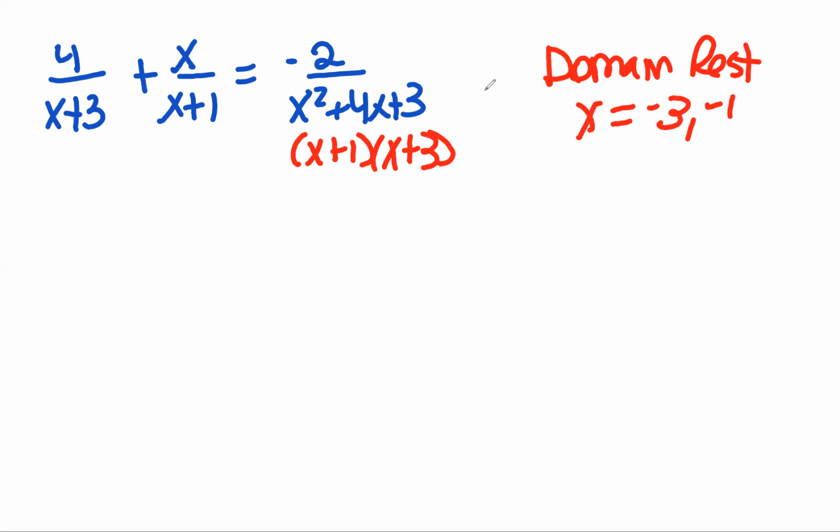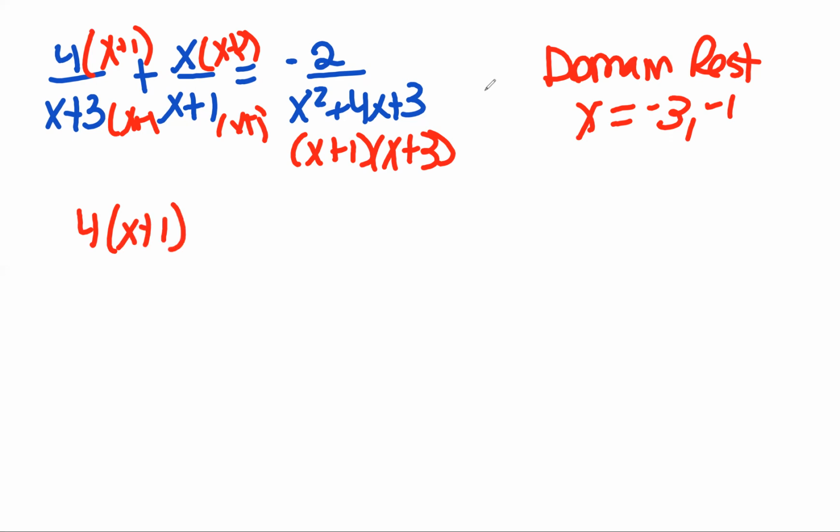So the first part of this needs an x plus 1. This needs an x plus 3. And this doesn't need any part of it. So 4 times x plus 1 plus x times x plus 3 is equal to negative 2.